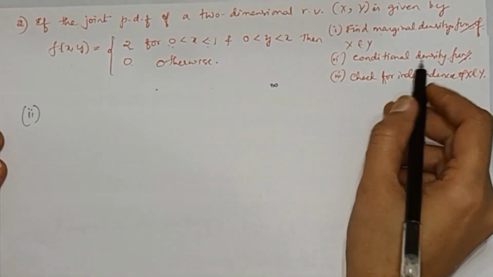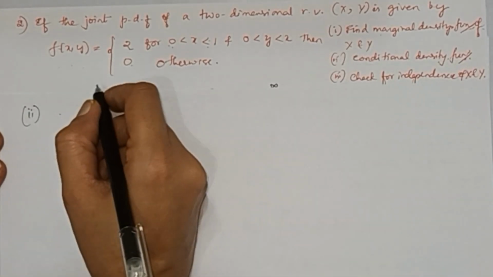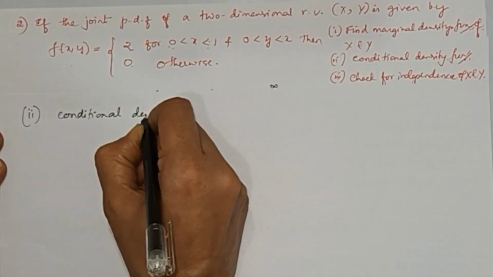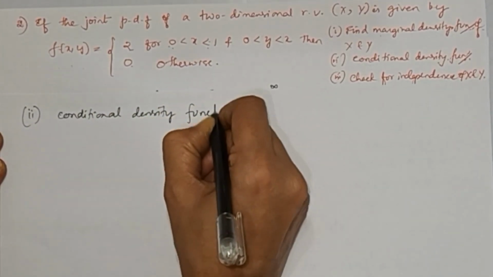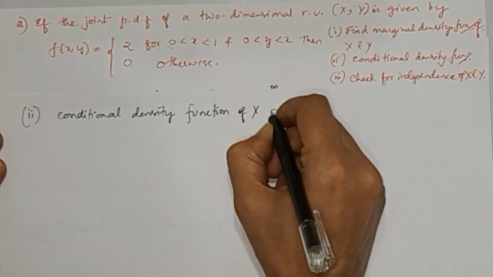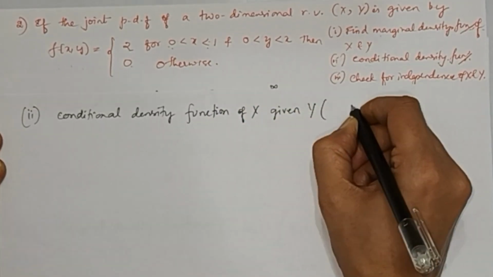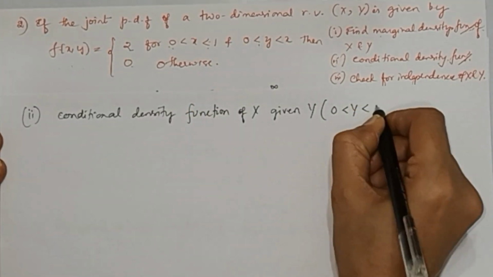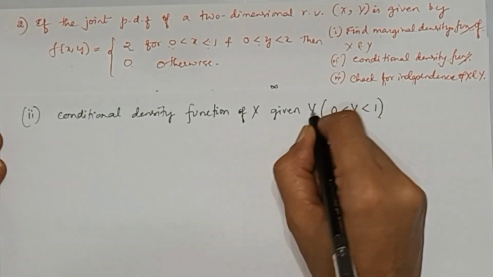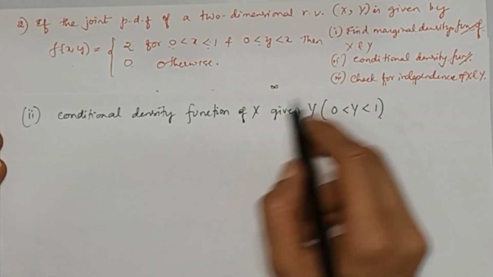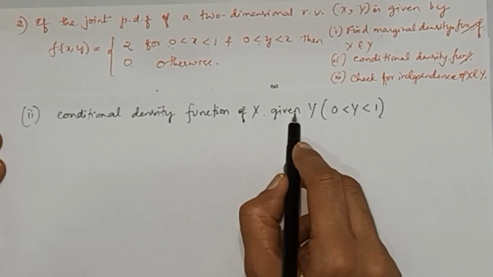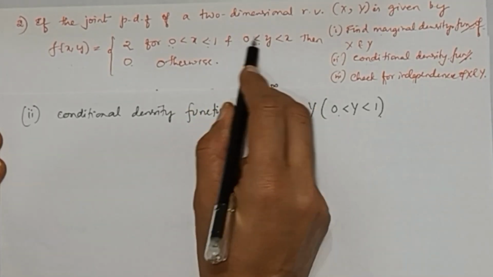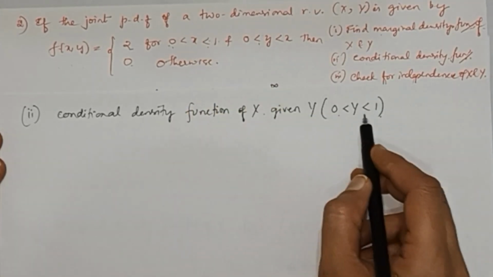Now first, the conditional density function of x given y. Y is in between 0 and 1; you have to write these values because y equal to a particular value is not given here. So y is in between 0 and 1 because y is in between 0 and x, but x is less than 1, which means y is also less than 1.